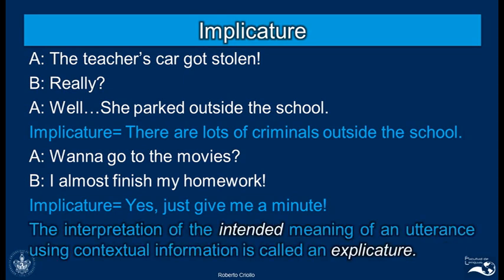So the interpretation of this intended meaning, or implicature, that each utterance has can be called an explicature. This means that every time that we have an utterance, this utterance may have a hidden meaning that needs to be explained by means of this process of explicature.